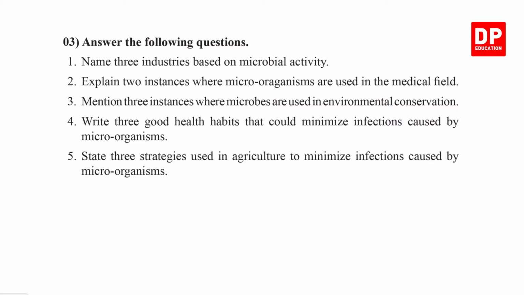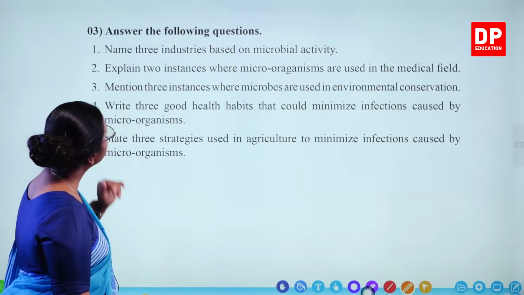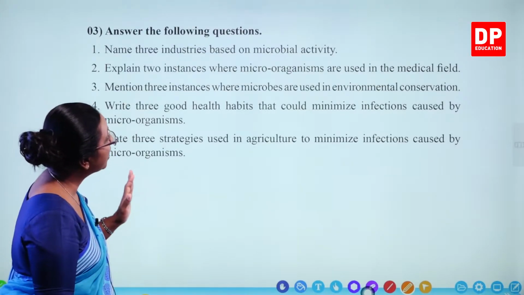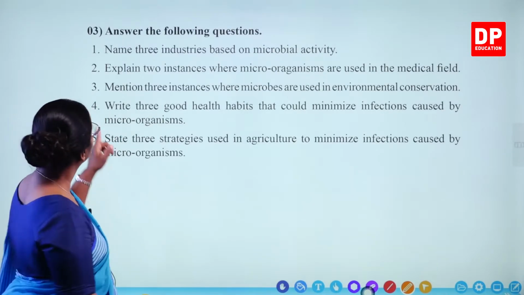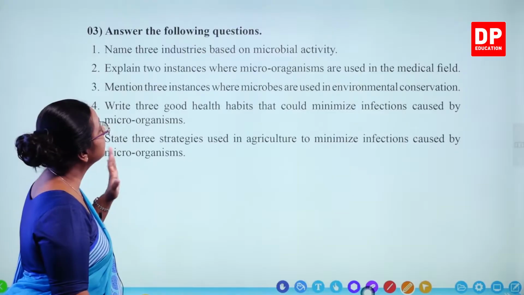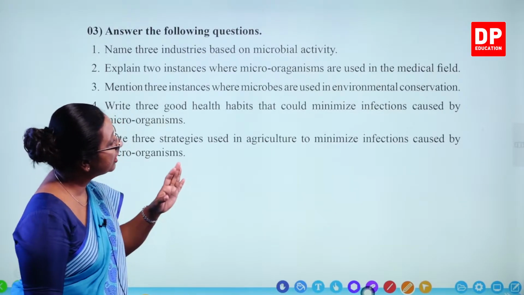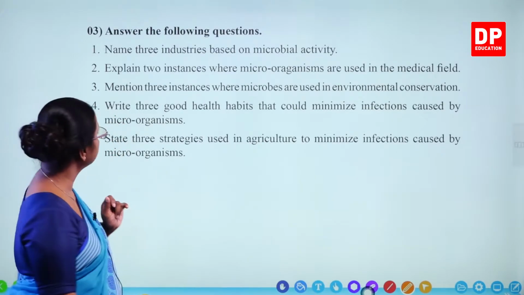Answer the following questions. So, the questions are given. Name 3 industries based on microbial activity. Explain 2 instances where microorganisms are used in the medical field. Mention 3 instances where microbes are used in environmental conservation.